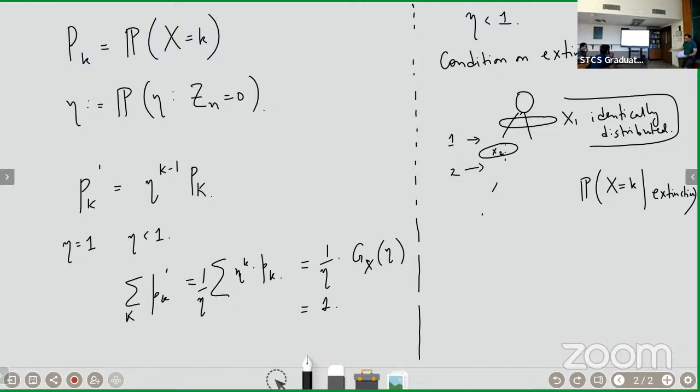Now, putting all my attention only on the cases where I do go extinct, in that subset, what is the distribution of the number of children born to any particular node? First of all, does it change? And if it does change, what do you expect to happen? It should have some connection to it. That much is clear.